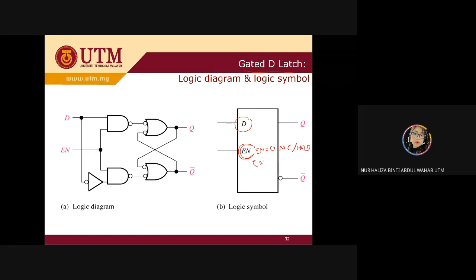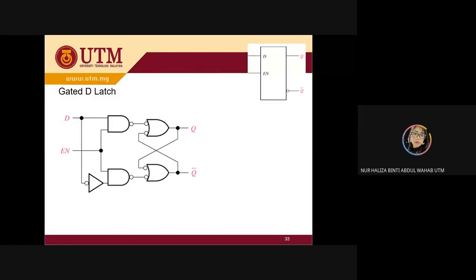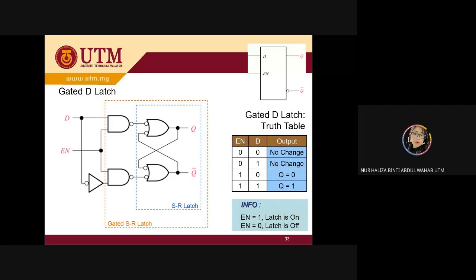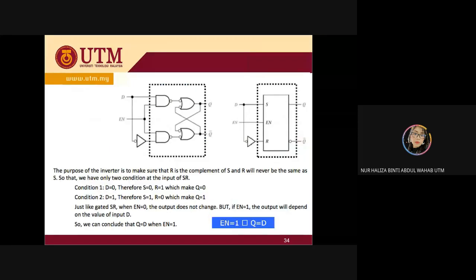And when EN is equal to 1, then you need to check your input. Now your input is only D. If D equals 0, the output is 0. If D equals 1, your output will also be 1. That is very simple and easy for you to draw the final output.